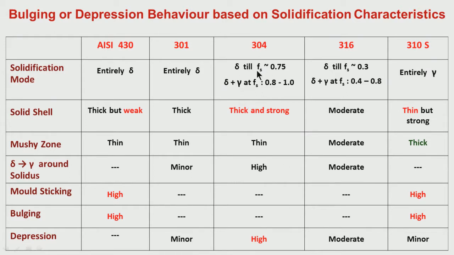What is happening? Delta is still present up to about 0.75 solid fraction, that means 75% solid is there. Only below that does gamma start forming, around 0.8 to 1 solid fraction. 0.9 to 1, as I have told you, is the crucial temperature zone of brittleness.